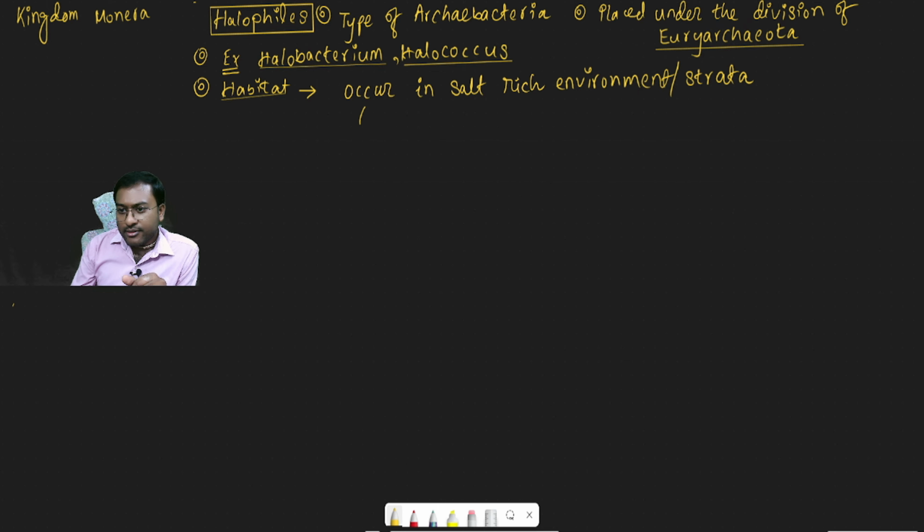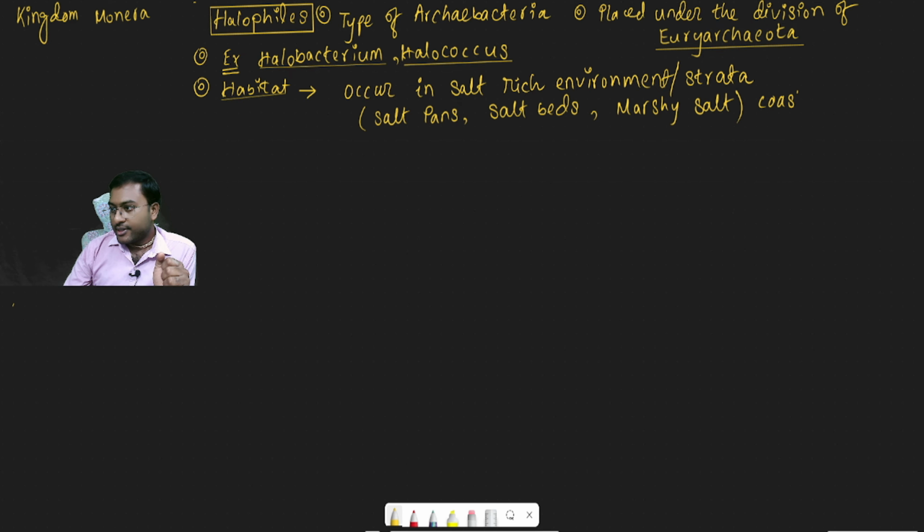To be more precise, they occur in salt pans or salt beds or marshy salt environment. These salt beds, salt pans or marshy salt strata are basically present in a coastal area or region.